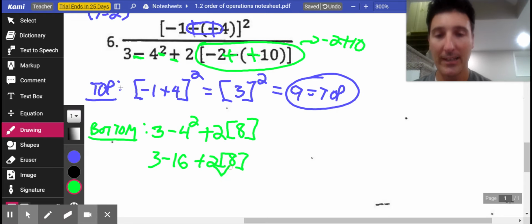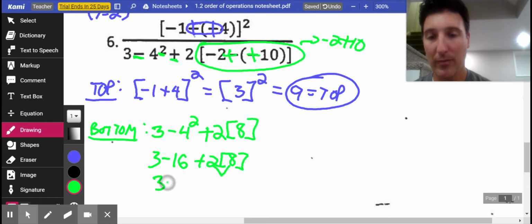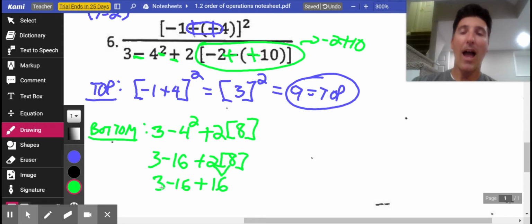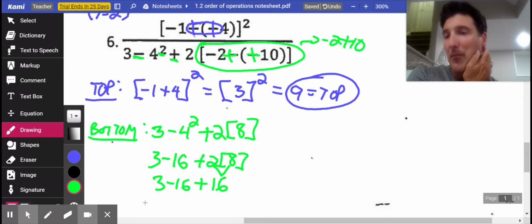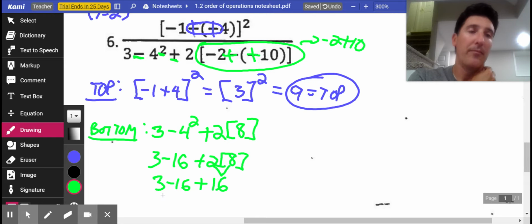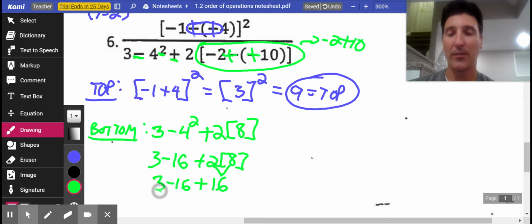So we're going to do this next, which is 16. So I'm going to have 3 minus 16 plus 16. Now, with addition and subtraction, I know I can go left to right, but actually, kind of a shortcut, you can see these 16s cancel out, and you're just going to get 3. But even if you didn't see that and you worked left to right, 3 minus 16 is negative 13, and then negative 13 plus 16 is 3.